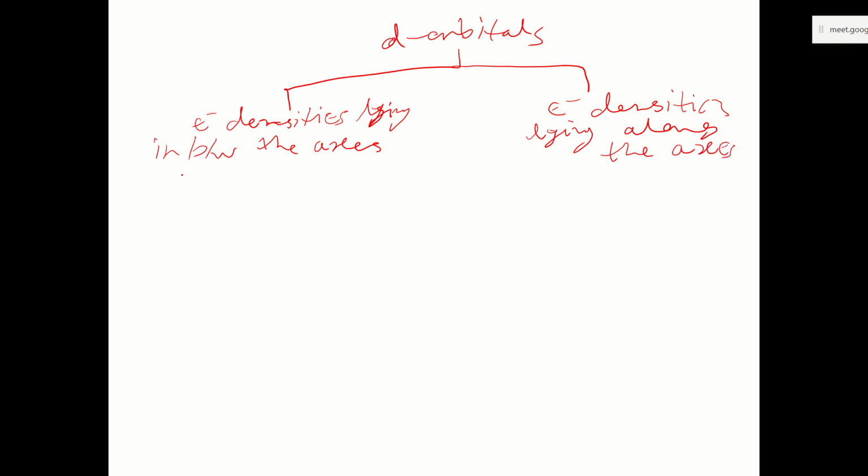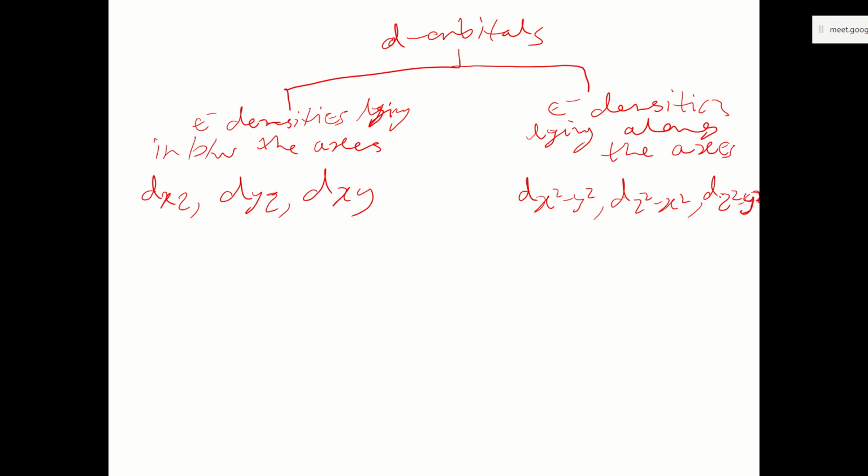So we had three things, dxz, dyz, dxy, and here we had three in a similar pattern: dx square minus y square, dz square minus x square, dz square minus y square.